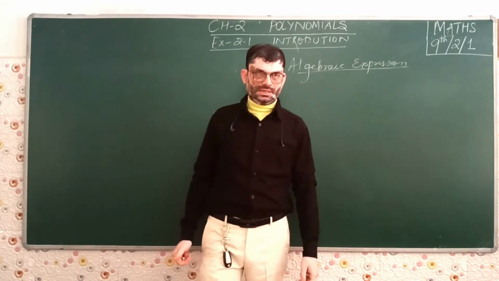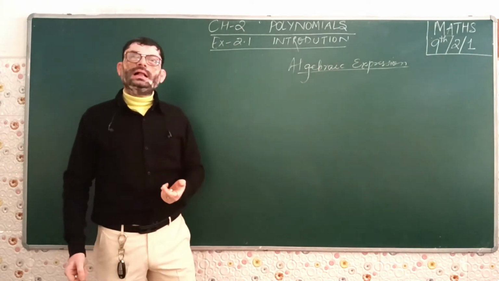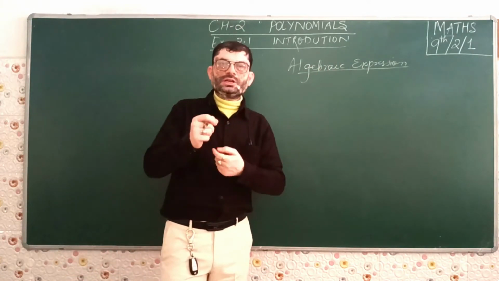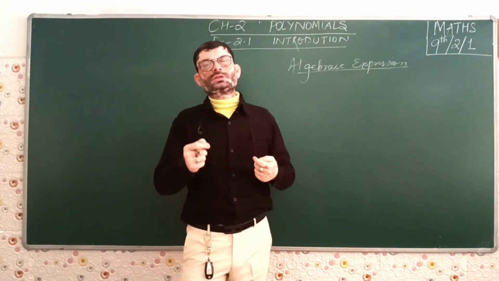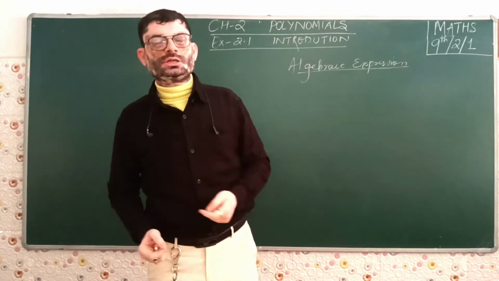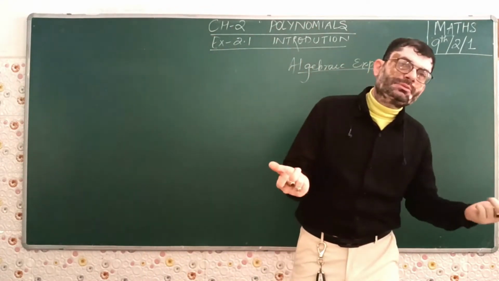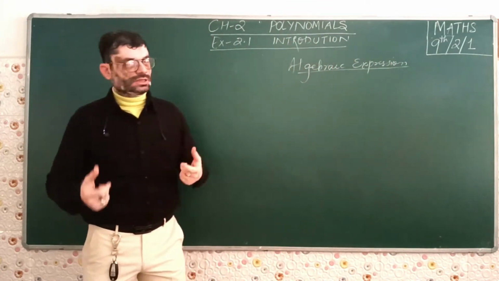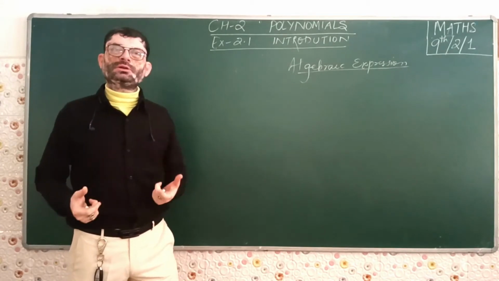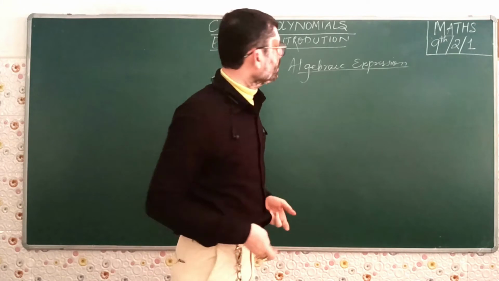Moving to our topic, algebraic expression: a combination of a variable with a variable, a variable with a constant, two different types of variables, or the same types of variables. Let us see various types of algebraic expressions and then we will notice how they are combined.